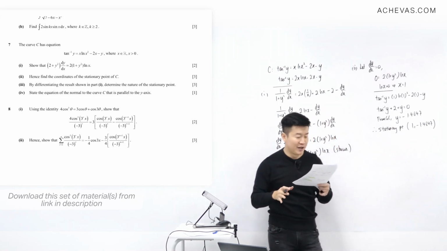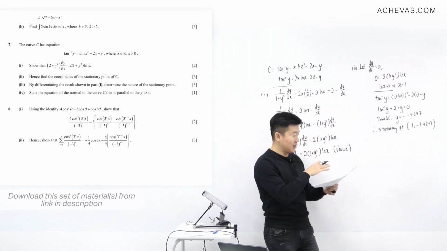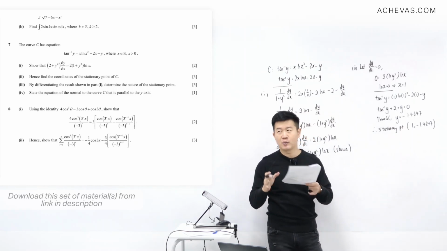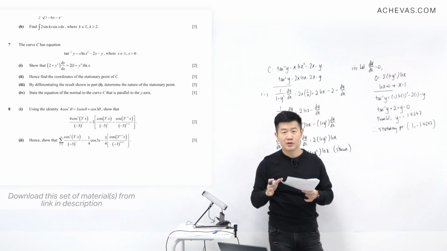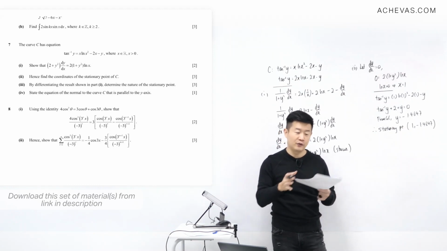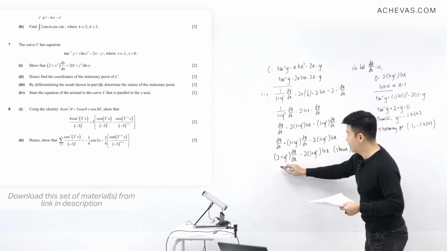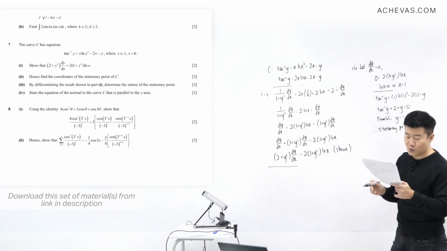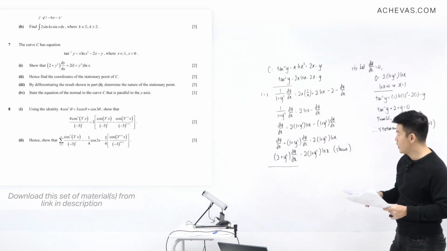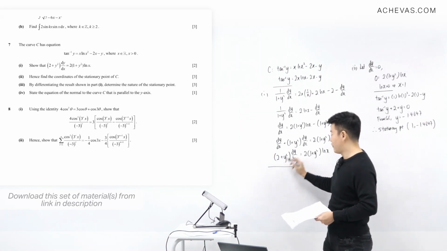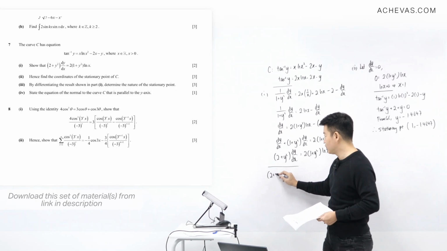This is part 2. And by differentiating the result of part 1 again, we want to determine the nature of the stationary point. What this question wants is for us to use the second derivative to determine the nature of the stationary point. So I'm going to differentiate this again to get d²y/dx². Differentiating one more time, I'm going to apply the product rule.